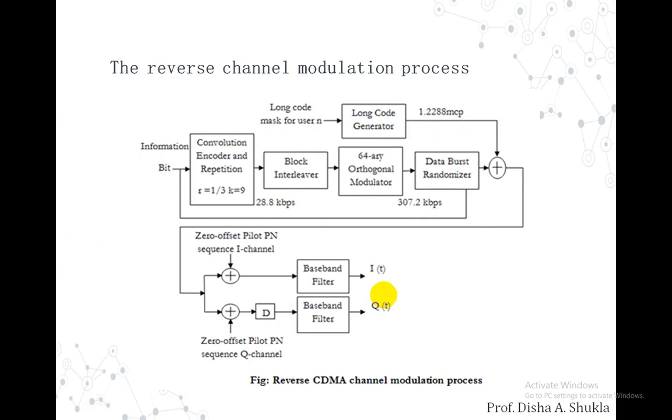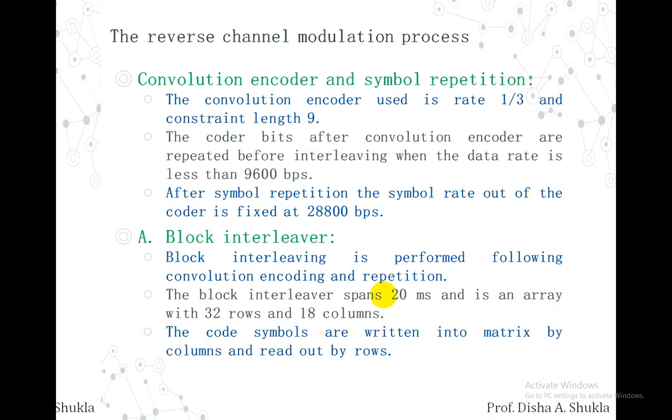Now this is how the reverse channel modulation process takes place. The first phase is the convolutional encoder and symbol repetition. The convolutional encoder used has a rate of 1/3 and a constraint length of 9. In the forward channel we used rate 1/2 and the constraint length was again 9.